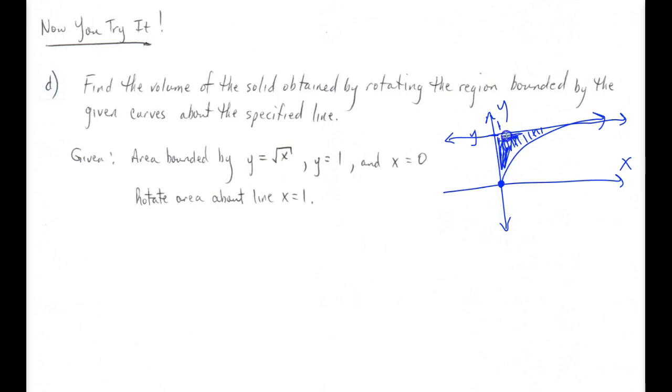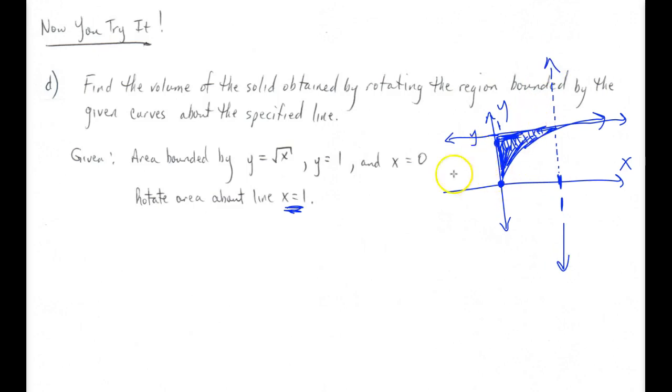Okay. So all this area here. And so we want to rotate it about the line x equals 1. Okay. So we're going to assume that x equals 1 is right here, and draw this line here.